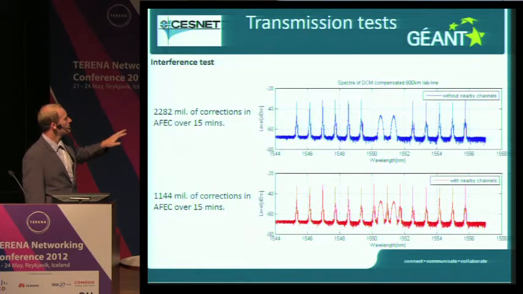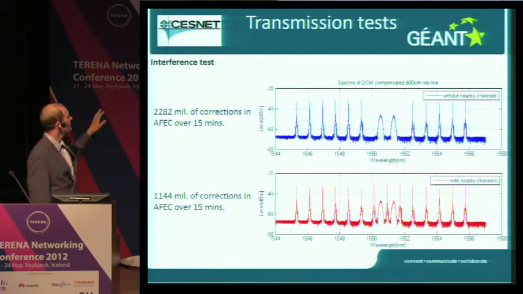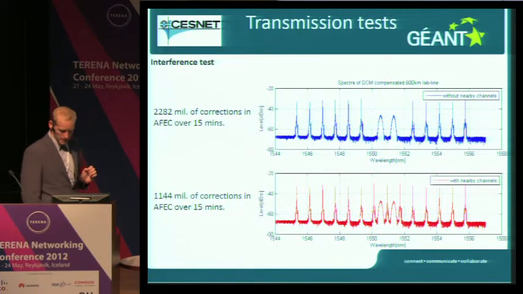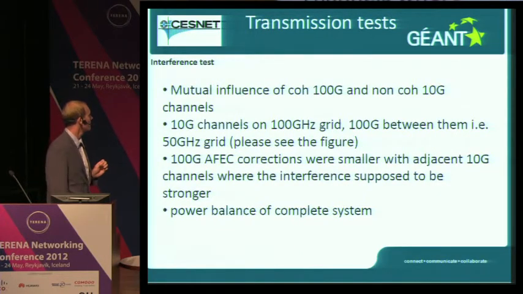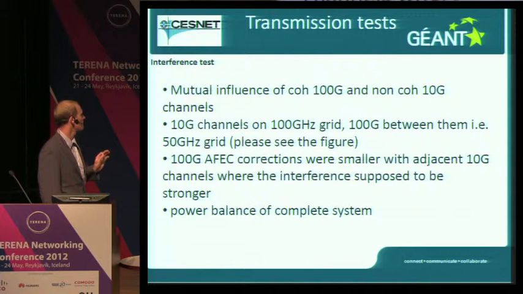And once we pulled out those 3 10G lambdas, which were around the 100G channels, we observed even bigger corrections, which goes a bit against common sense. But we tried to address it, and we believe that it's because of the power balance of the complete system, as those amplifiers were working in a constant power regime.